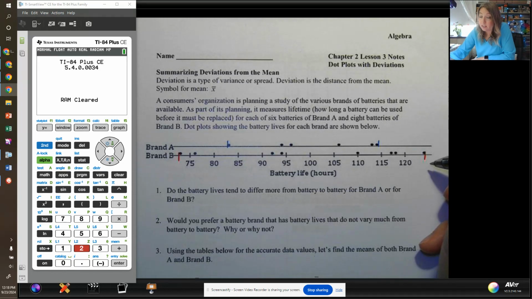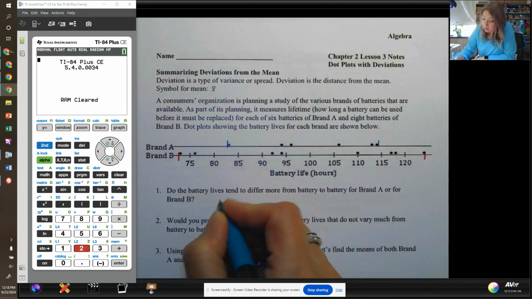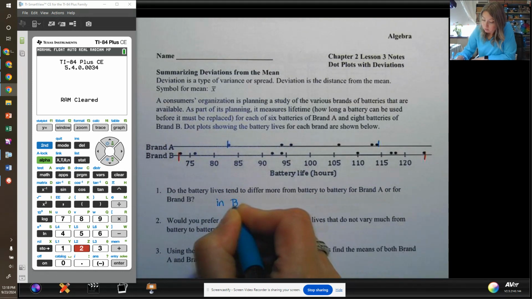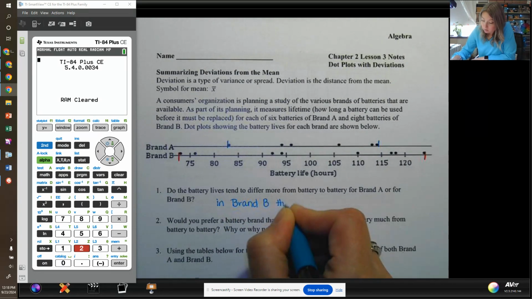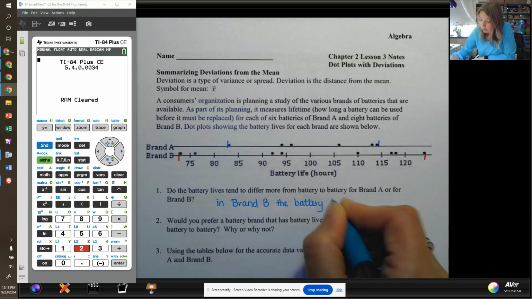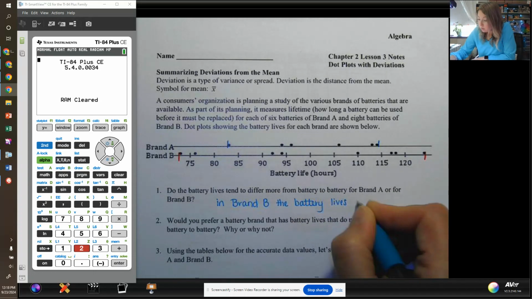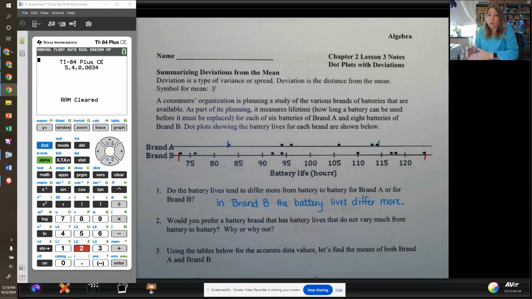So, yeah, they tend to differ more in brand B. The battery lives differ more. And you can see that the range is very obviously larger in brand B. The range is obviously bigger.